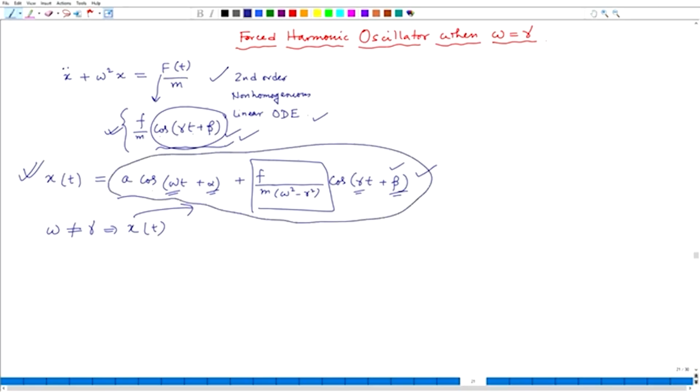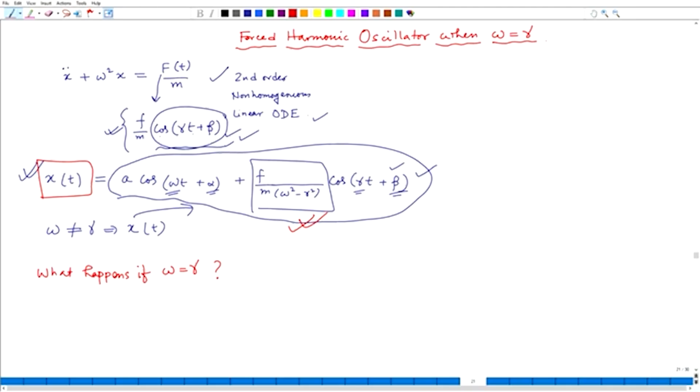Okay. Now, what happens if omega is equal to gamma? Of course, you see this part will blow up, and for a finite value of x this has no meaning.